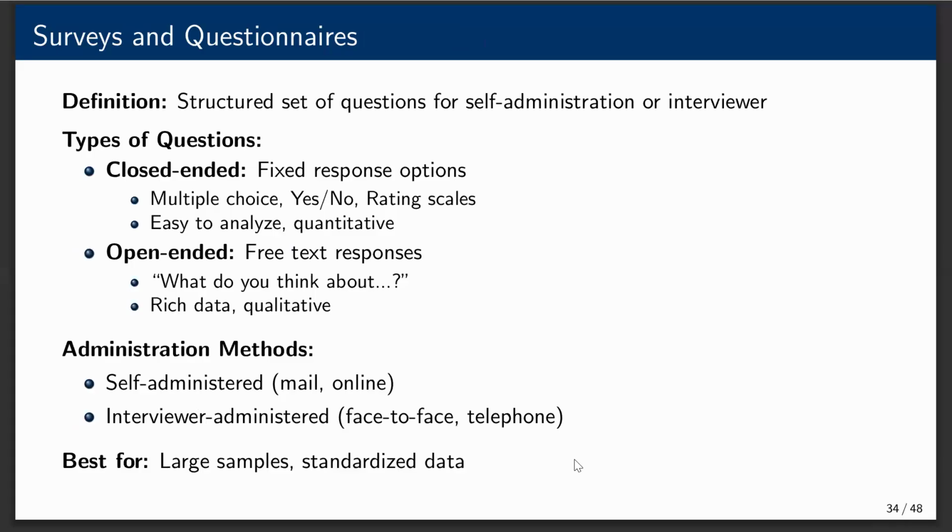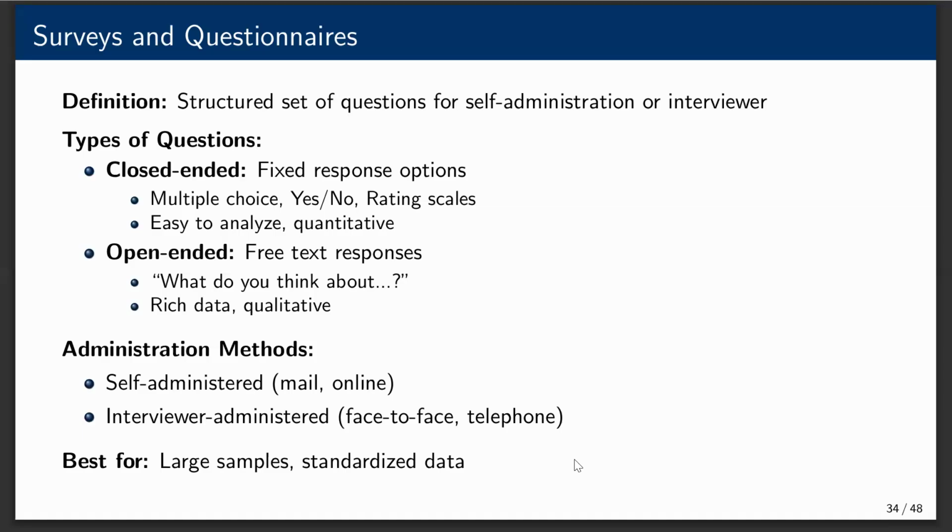First, surveys and questionnaires. The definition is a structured set of questions for self-administration or interviewer administration. The type of question is close-ended, which has fixed response options like multiple choice, yes or no, rating scales. It is easy to analyze and quantitative.